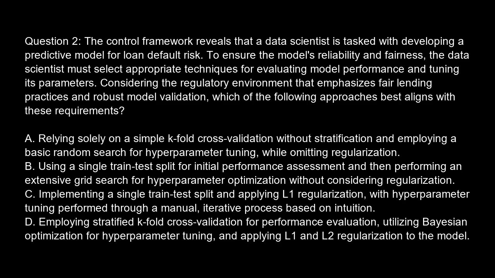Option C. Implementing a single train test split and applying L1 regularization, with hyperparameter tuning performed through a manual, iterative process based on intuition. Option D. Employing stratified k-fold cross-validation for performance evaluation, utilizing Bayesian optimization for hyperparameter tuning, and applying L1 and L2 regularization to the model.